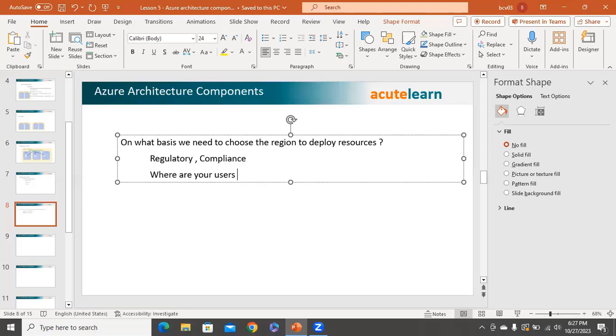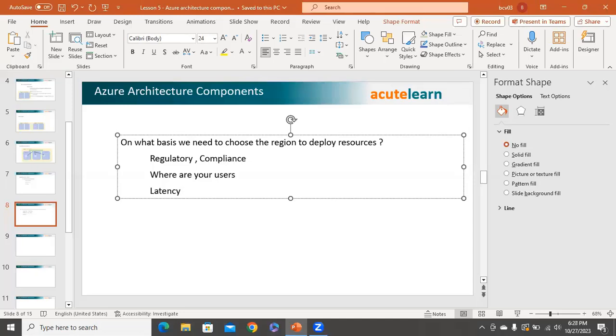So if the majority of your users are nearer to South India, then basically the latency will be less. So you need to consider the latency. Now, where are your users? All your users are basically located around South India.